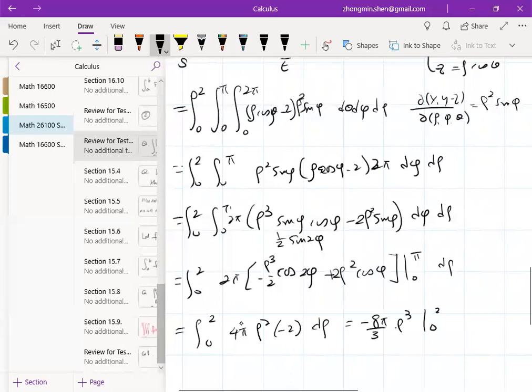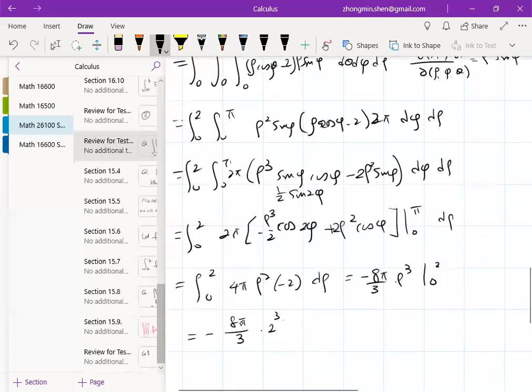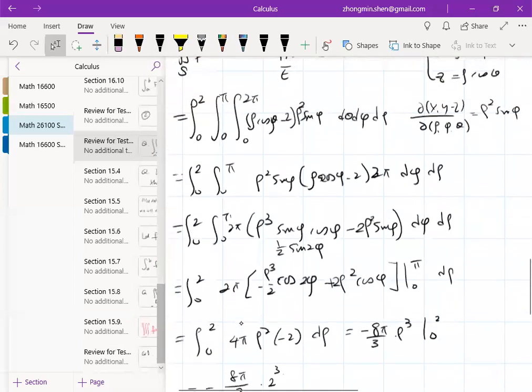Finally, we got this number, and it's going to be negative. Let's go back and double check why it's negative. Sometimes you can see at the very beginning that it is going to be negative.